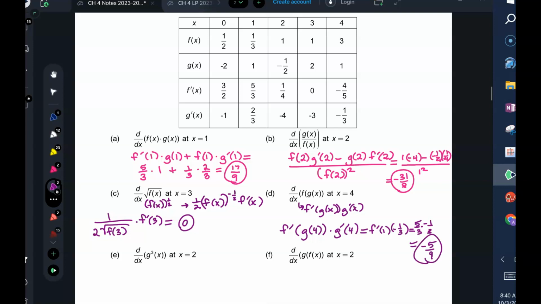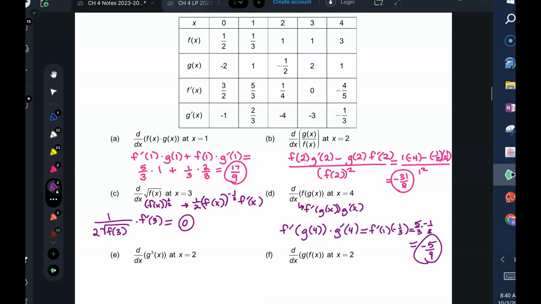Good. Are we getting the hang of this now? Kind of? No? Okay. What happened? Why did you do f prime? Well, f of 4 is negative 4/5. No, what's g of 4 though?